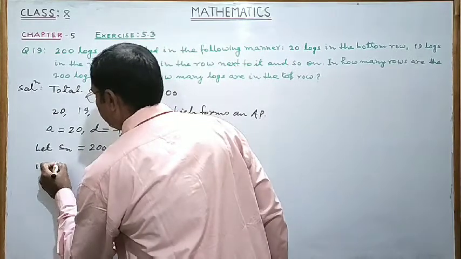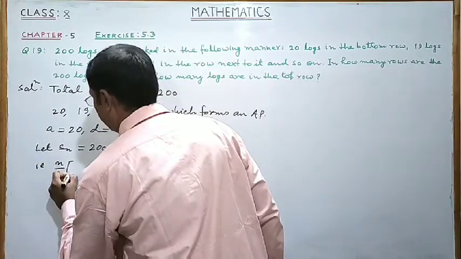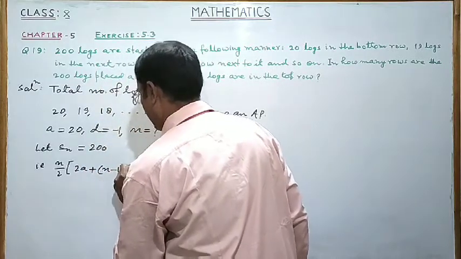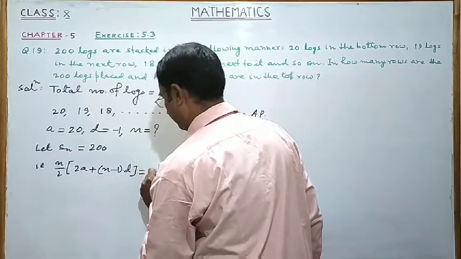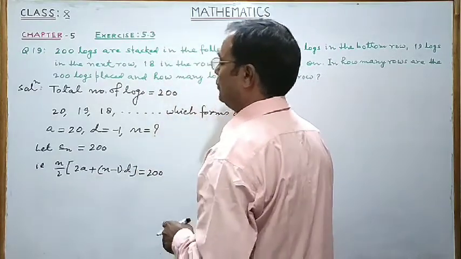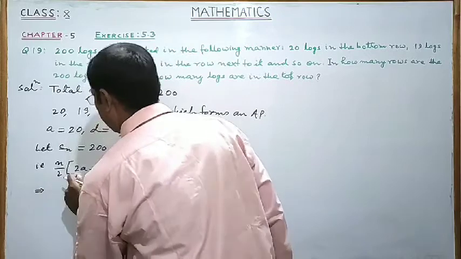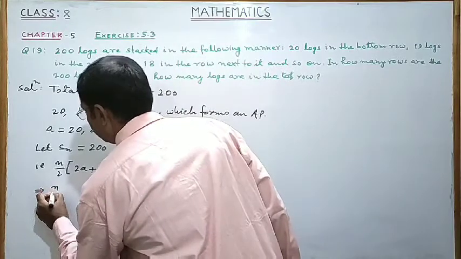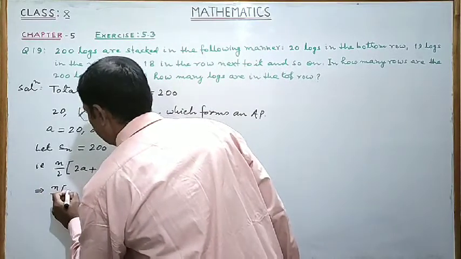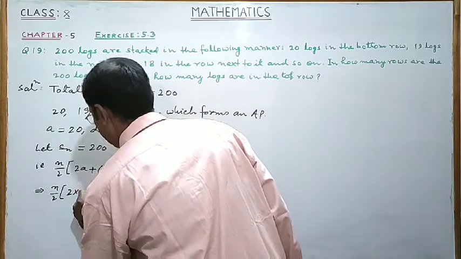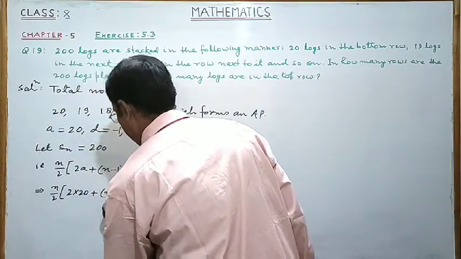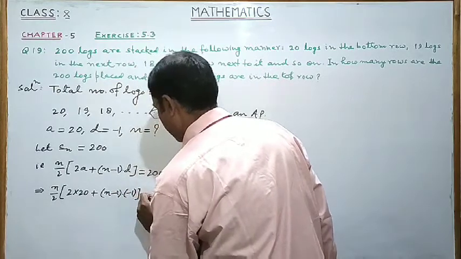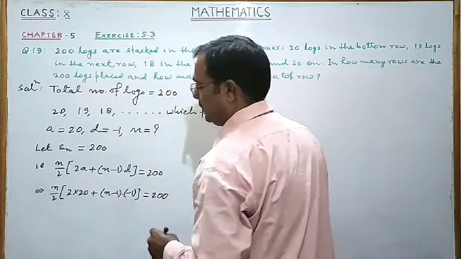That is n by 2 into 2a plus n minus 1 into d is equal to 200. Let's put the value of first term a and common difference d here. n by 2 into 2 into 20 plus n minus 1 into common difference -1 is equal to 200.